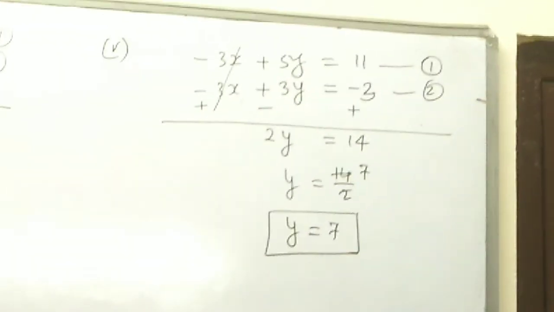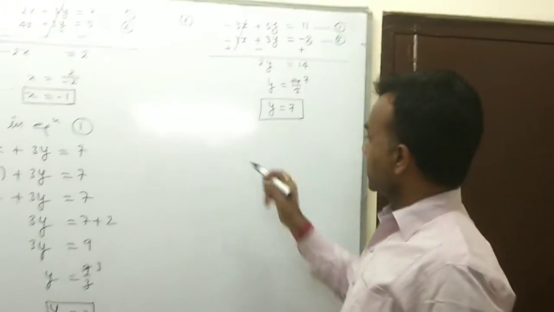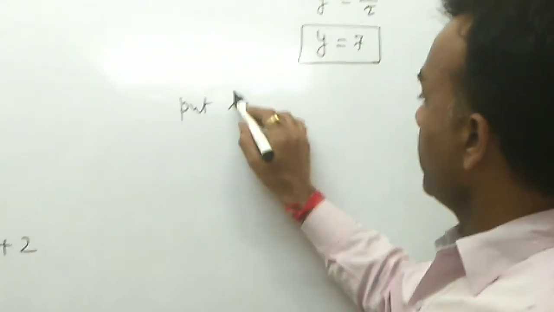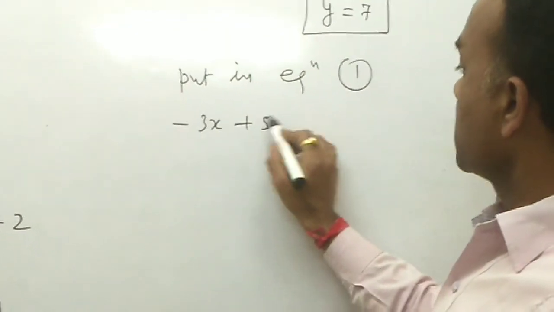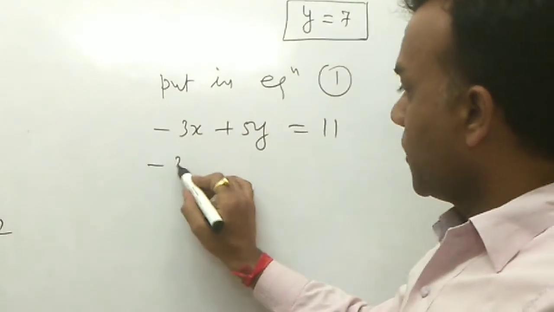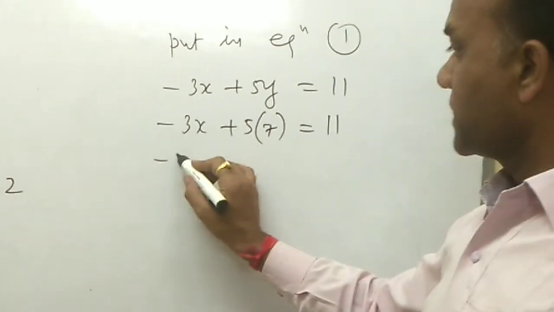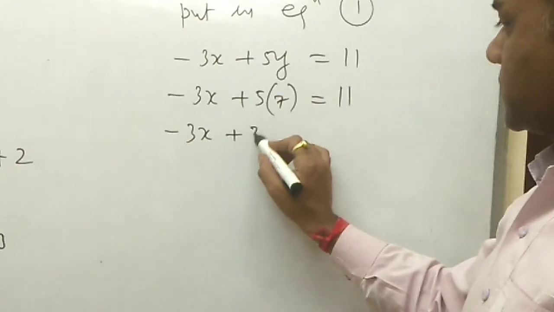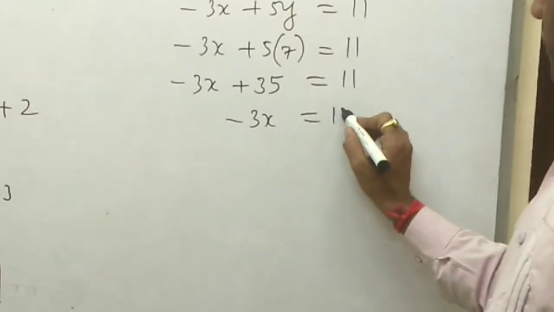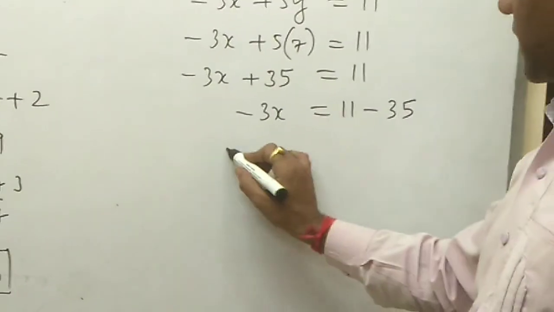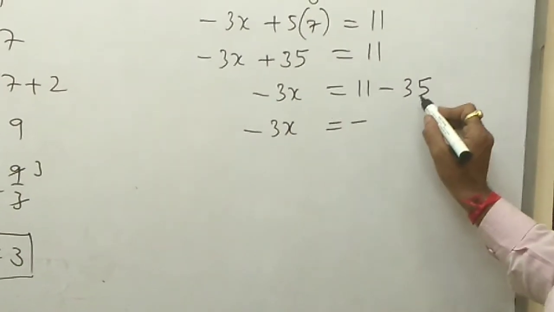Okay, so both questions are very easy and your answer is in integer form. So you got the value of y is 7. Now using the same concept, put it in equation 1. Okay, so minus 3x plus 5y equals 11. Now minus 3x plus 5 into 7 equals 11, 5 sevens are 35, so minus 3x equals 11 minus 35, and now minus 3x equals minus 24, because the minus number is greater.